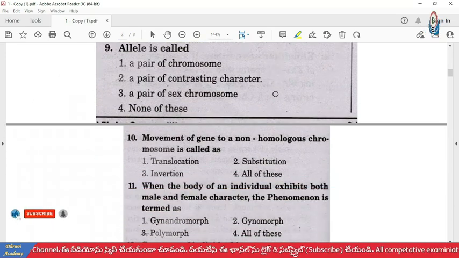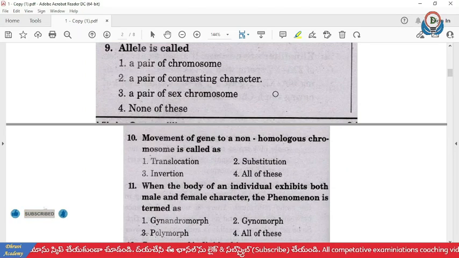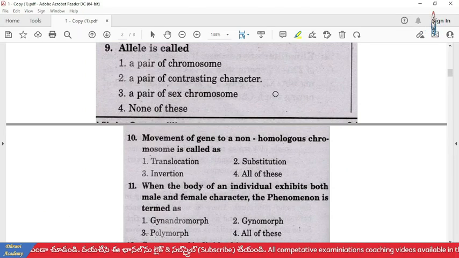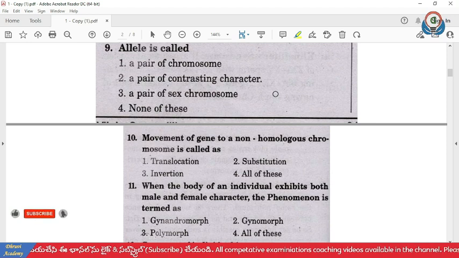Next, allele is called: is it a pair of chromosomes, a pair of contrasting characters, a pair of sex chromosomes, or none of these? Which is the correct answer?